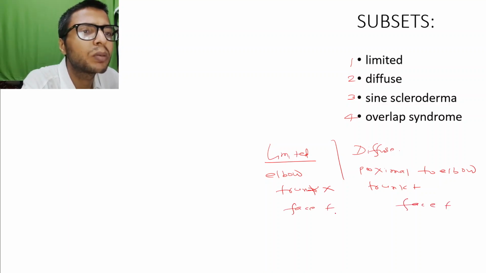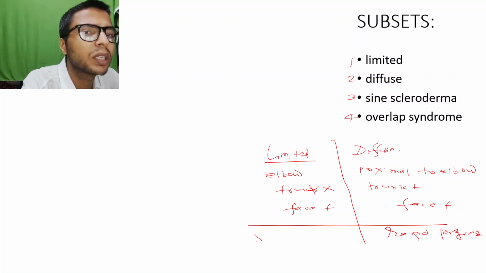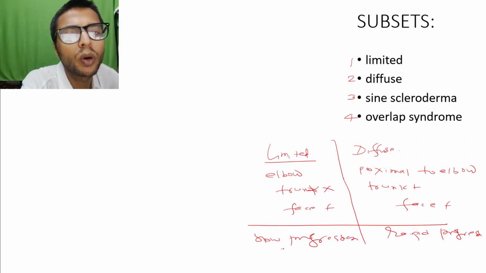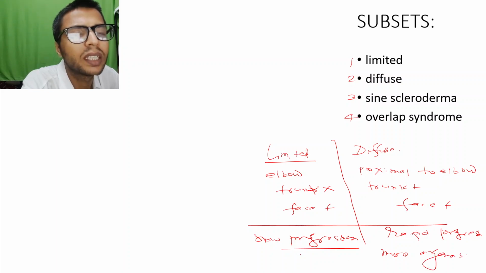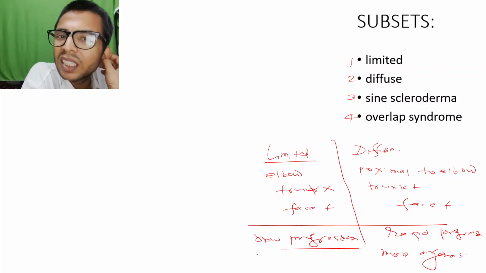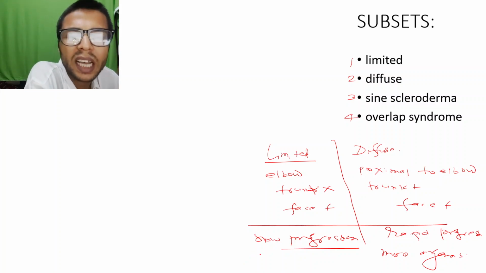The difference is that rapid progression occurs in diffuse cutaneous systemic sclerosis, but it is slow progression in limited, and more organs are involved in diffuse than limited cutaneous systemic sclerosis. It is not that no organs are involved in limited. There can be, but the prevalence is less.